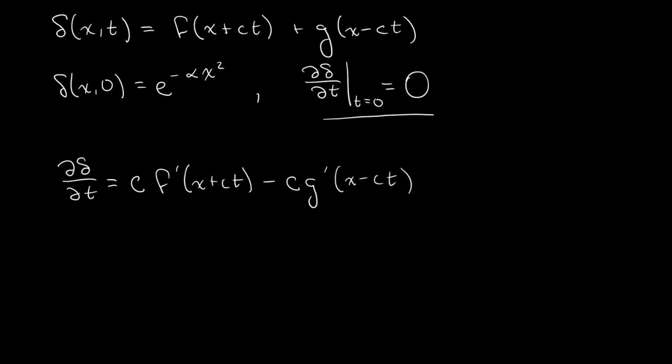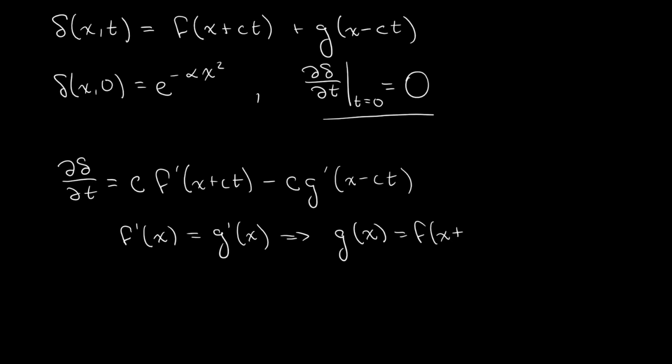Take this at t equals 0, and I find that f prime of x is equal to g prime of x. Which I can then integrate to find that g of x is equal to f of x plus a constant.